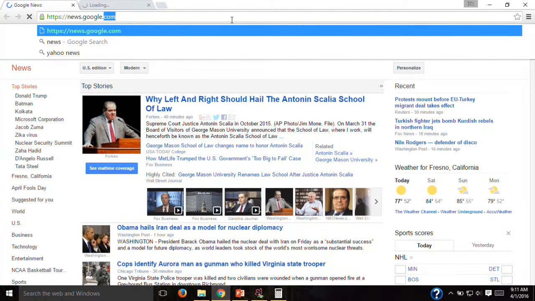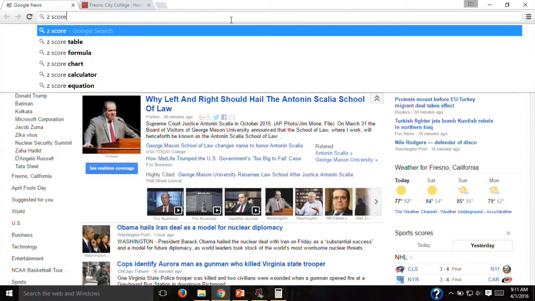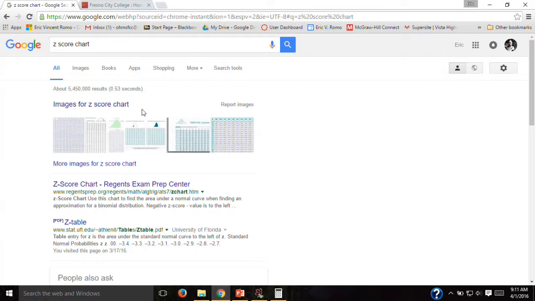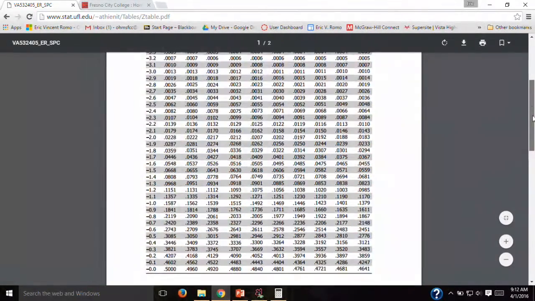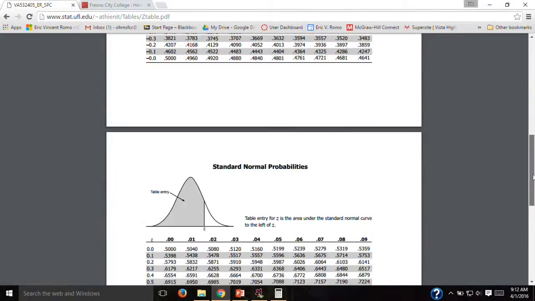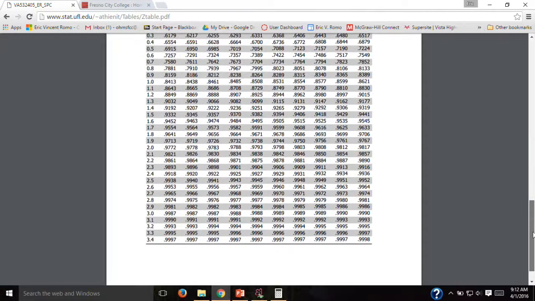Now some of you may also have a calculator. You may plug it into your calculator for your z-score calculations. Alright, so let's pick this one. Let's go down. It was positive 3.9 with no running decimals behind it.